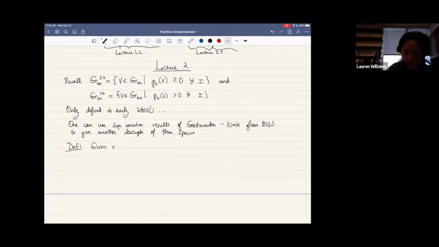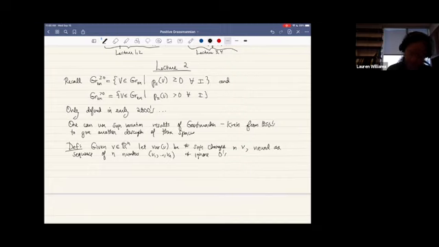If we have a vector v in R^n, we'll let var of v be the number of sign changes in the vector v, where we view v as a sequence of n numbers, v1 through vn, and ignore the zeros.